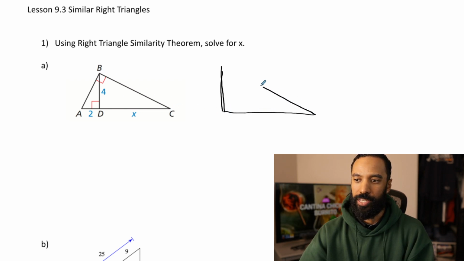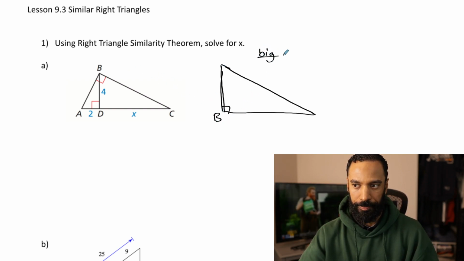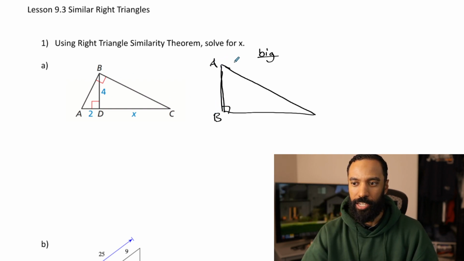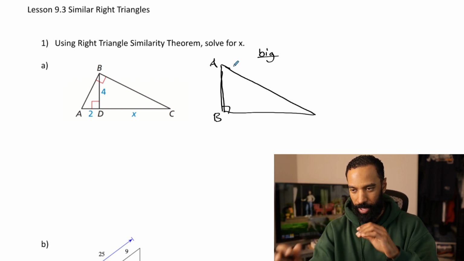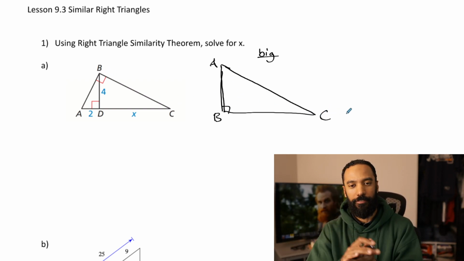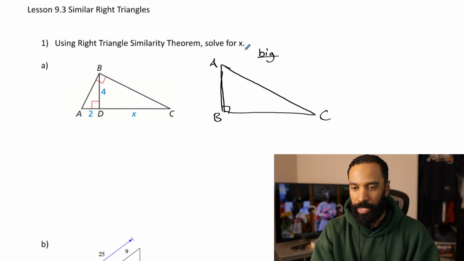If I reorient it so that it's drawn this way, notice that B is the right angle in the big triangle. The big triangle B is right here. Then you have the short leg A. Yes, I didn't just rotate it. I also kind of reflected it across. From B to C is kind of that long leg. We're going based off visuals, but this will also be true. That'll be the long leg there. And that's the big triangle.